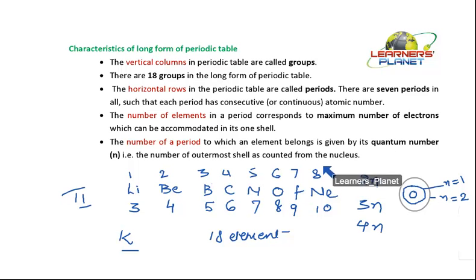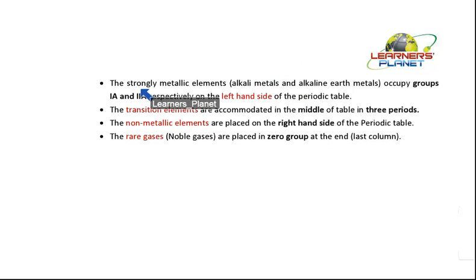Now let's take a few more features of this. The strongly metallic elements, alkali metals and alkaline earth metals, occupy groups 1A and 2A respectively on the left hand side of the periodic table. I'll show you the periodic table and explain this there also.